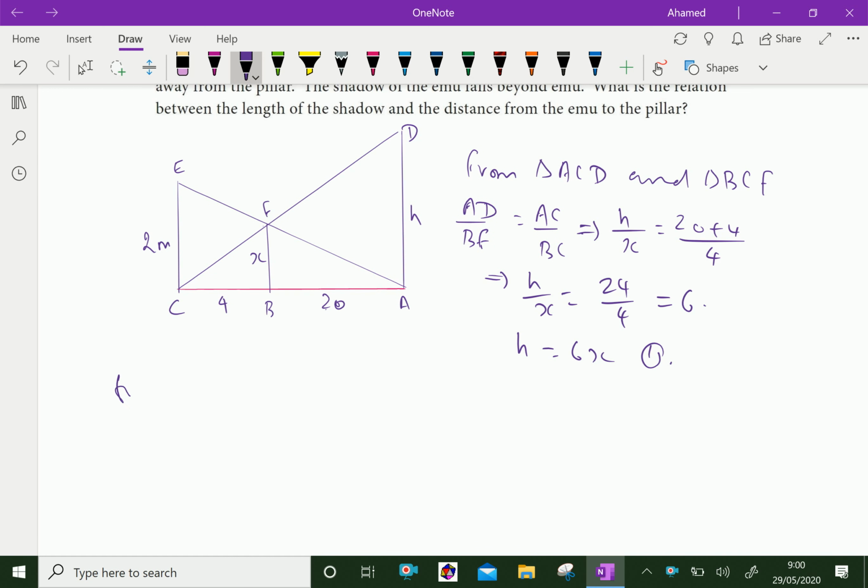From triangle ACE and triangle ABF, both are similar.